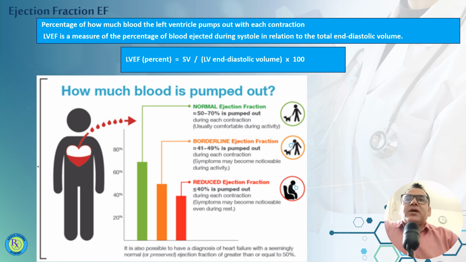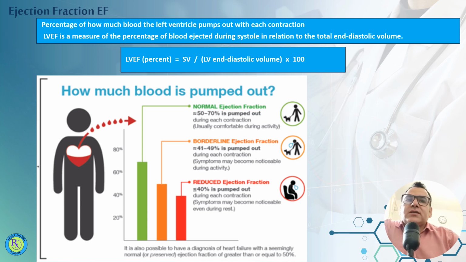The patient can have either a normal, borderline, or reduced ejection fraction. In normal, it should be above 50, or 50 to 70% of the blood in the ventricle is pumped out, and this patient will be comfortable during activity.